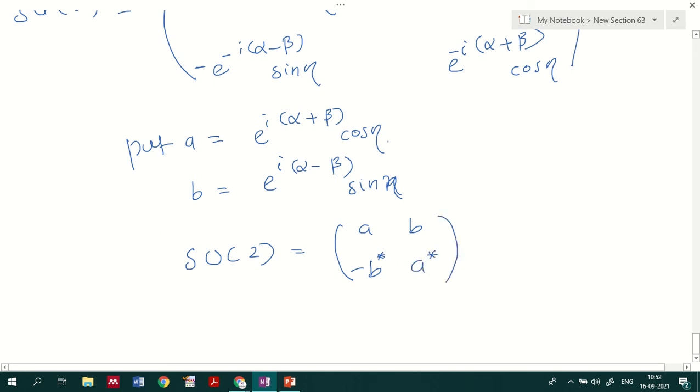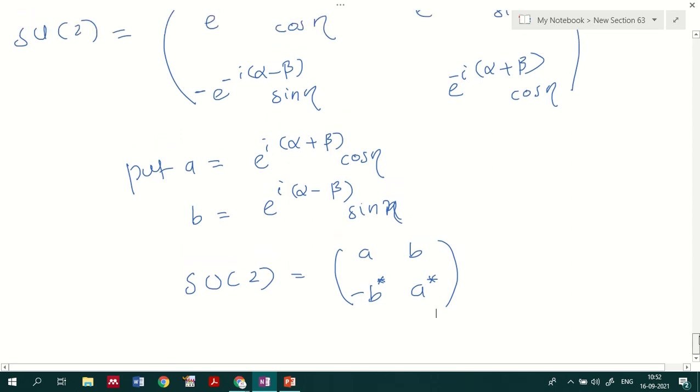This is because these two elements are complex conjugates of one another.